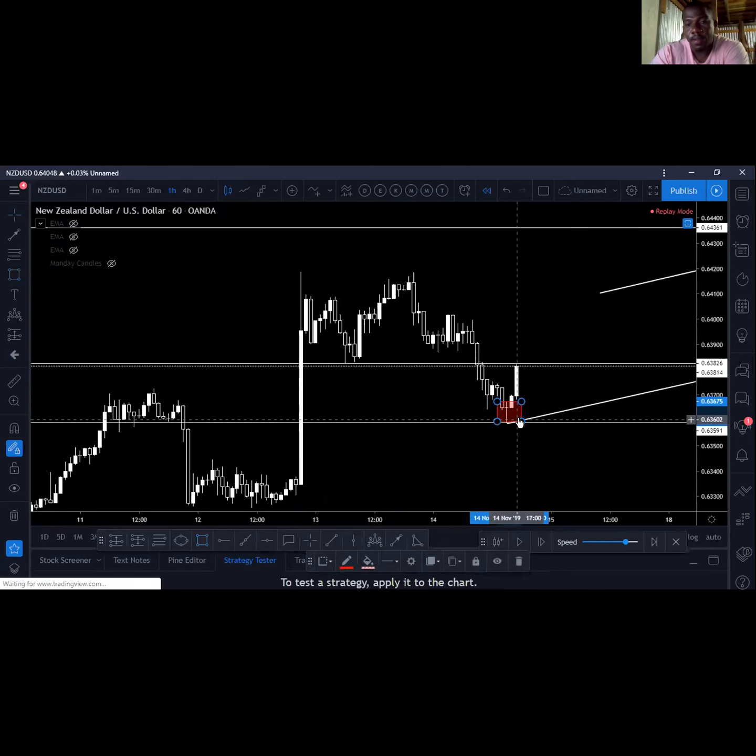All of that would be my zone. So basically what you're doing is looking at the engulfing candle and the previous candle, and boxing in all of the previous candle, okay?